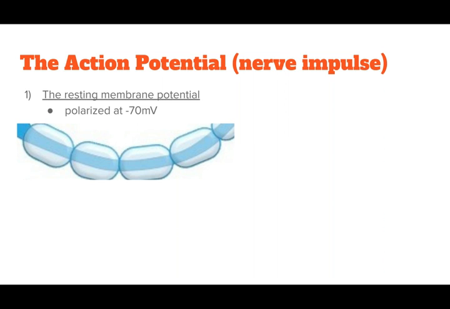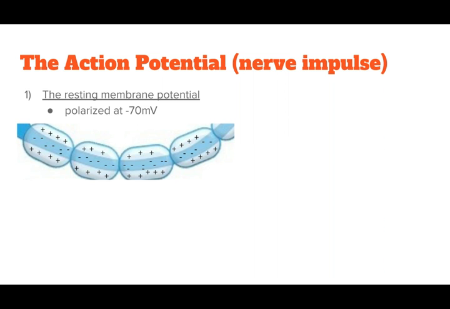So this membrane has positives and negatives. All of the negatives are on the inside of that axon, and all the positive ions are on the outside. This is what the axon looks like when it's at rest, before a signal or nerve impulse is sent.